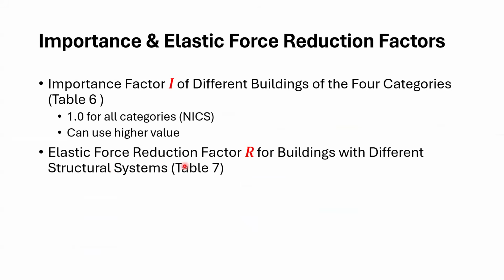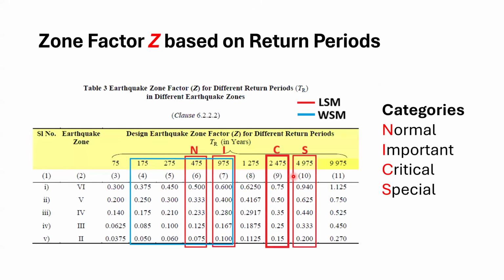Elastic force reduction factor, R, the name has changed from response reduction factor. This is also listed in a descriptive manner to select easily in table number 7. And then the zone factor is based on the return periods for the limit state method, which is highlighted in red boxes.